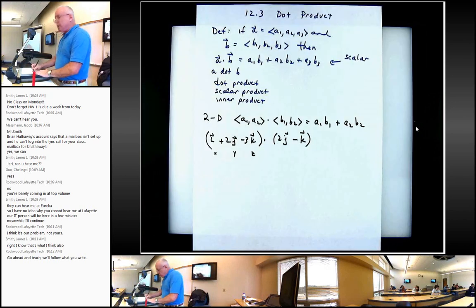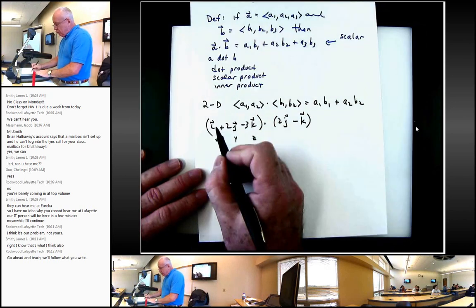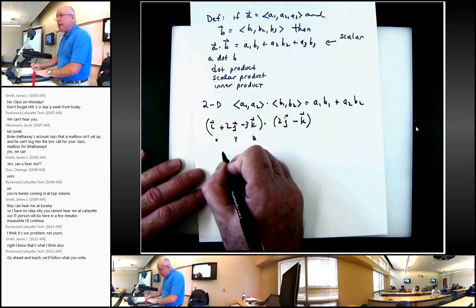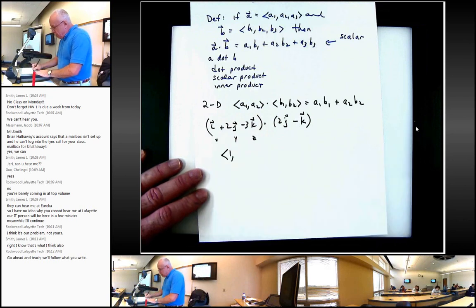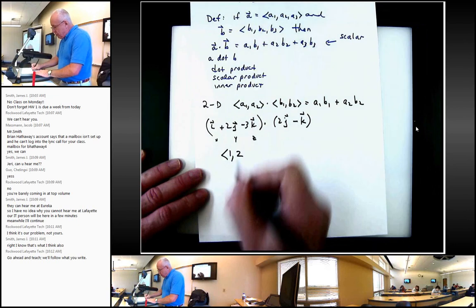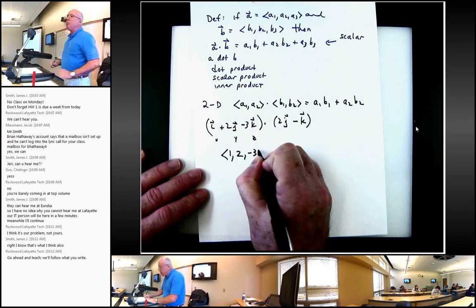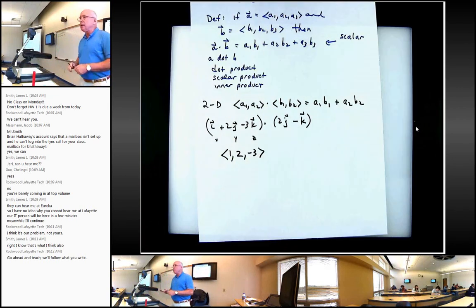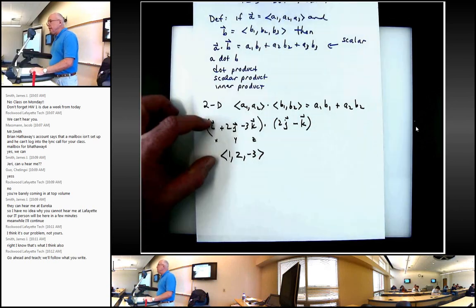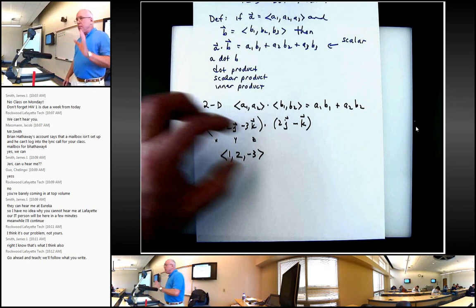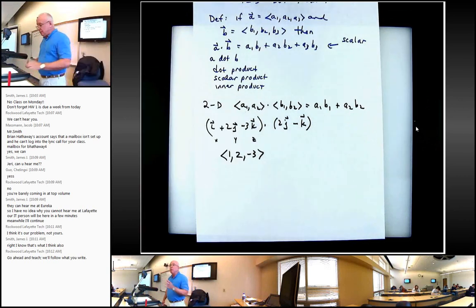So another way to think about i plus 2j minus 3k is <1, 2, -3>: 1 for the x direction, 2 for the y direction, minus 3 for the z direction. These are 2 equivalent ways of indicating the same vector, so get comfortable with both ways of doing it.